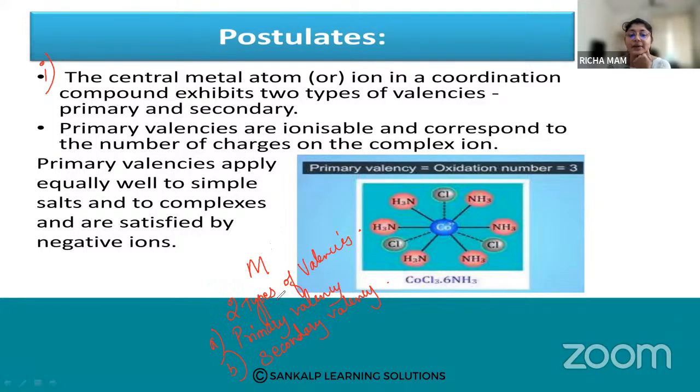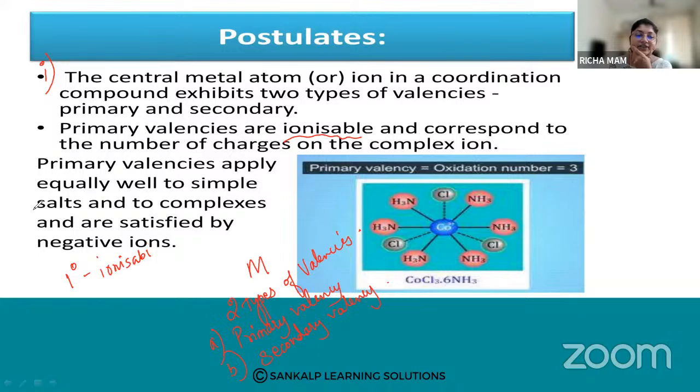Now, what is this primary valency? Primary valency is ionizable, which means it forms ions. If it dissociates in water, it will form ions. And secondary valency is non-ionizable, which means it does not produce ions.